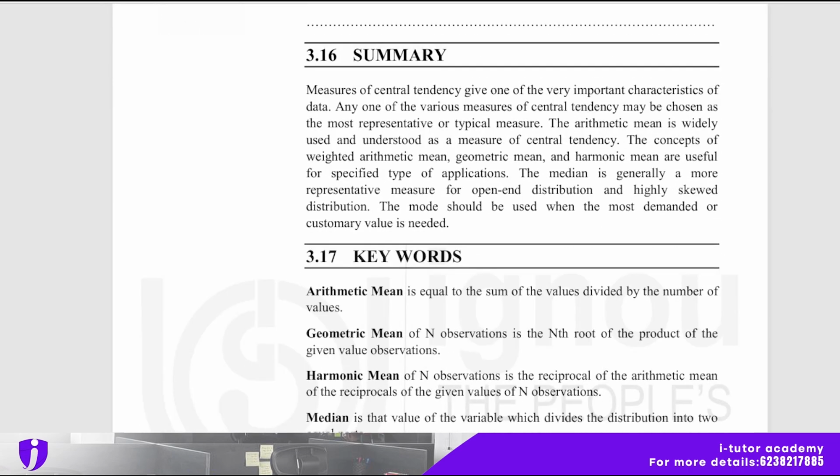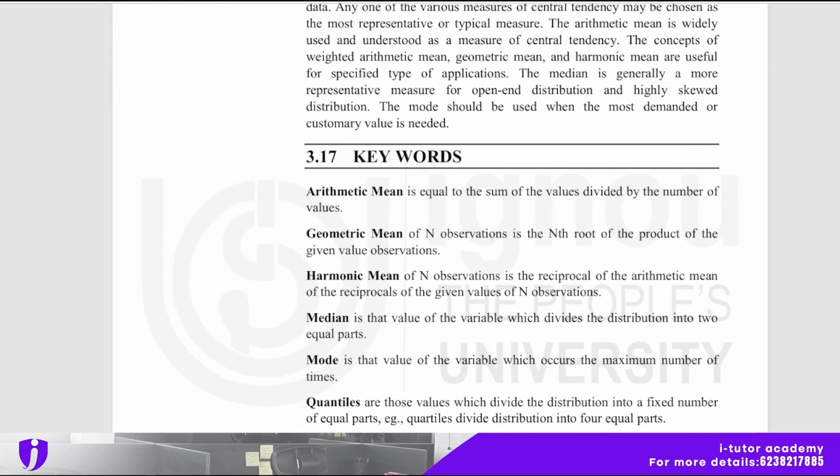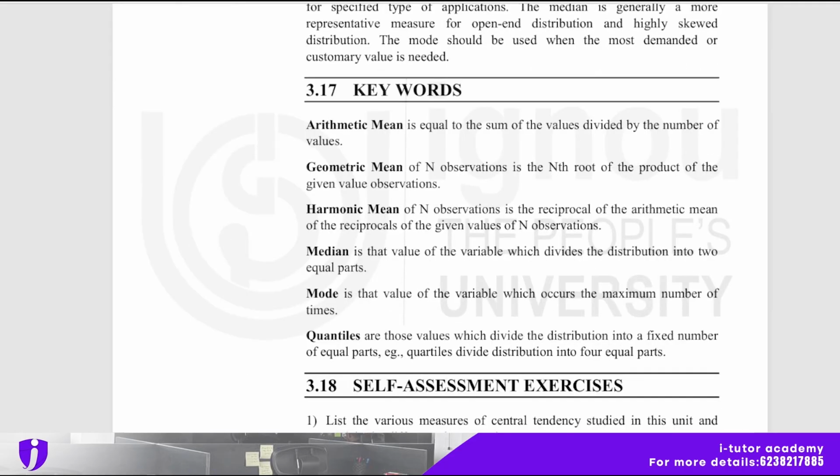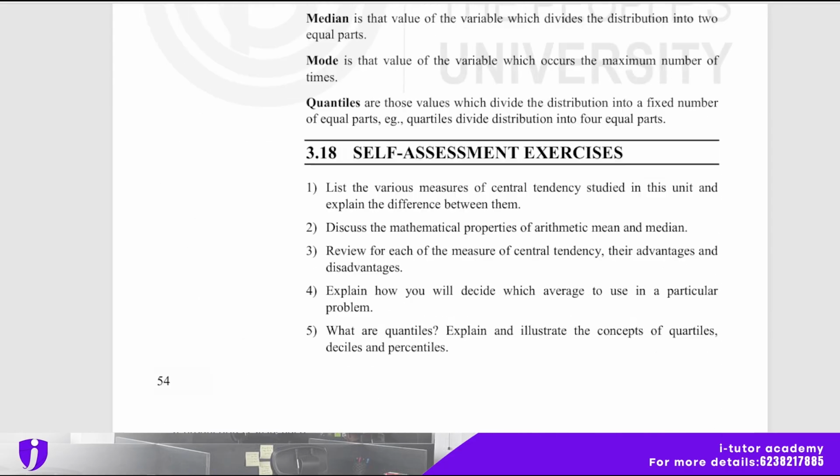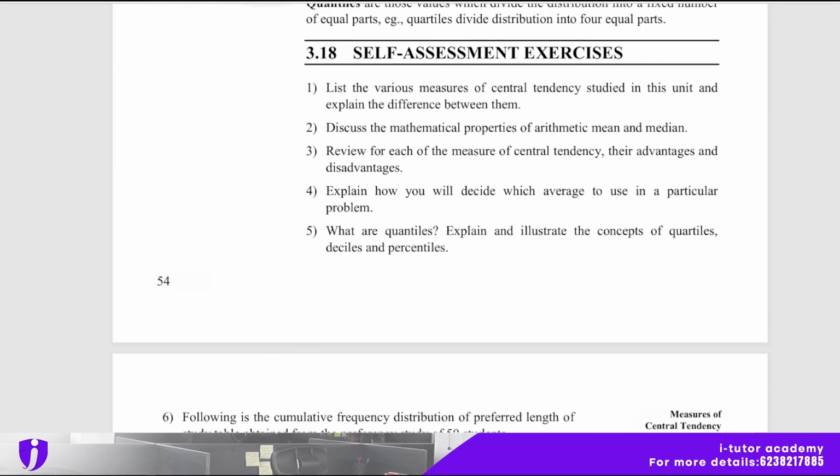So here are the keywords from this chapter. If you feel any words are difficult, you just refer to this section. And a self-assessment exercise is also here. The first one is: list the various measures of central tendency studied in this unit and explain the difference between them, and discuss the mathematical properties of arithmetic mean and median. Review for each of the measures of central tendency their advantages and disadvantages.